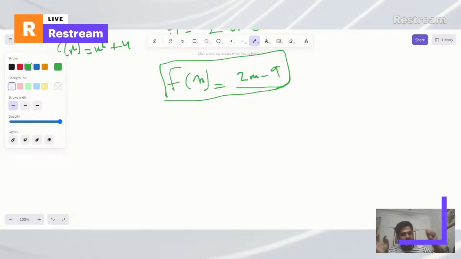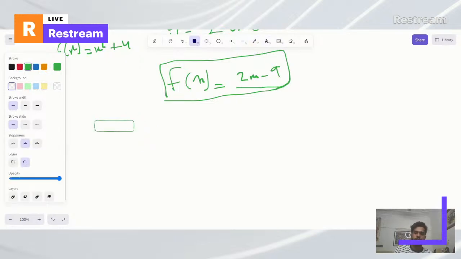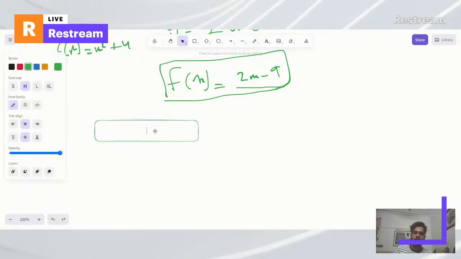The set of x values that we can incorporate in that particular equation is called the domain. Let's talk about domain first, so let me put in the heading Domain over here.